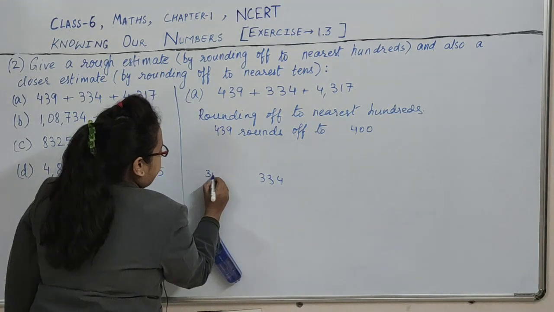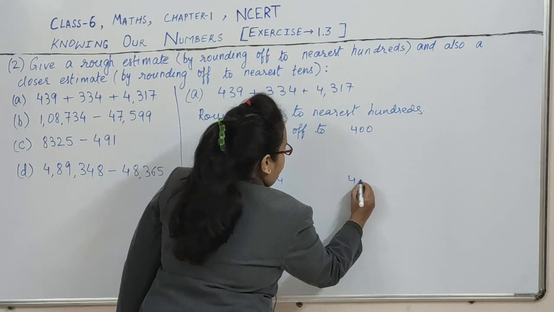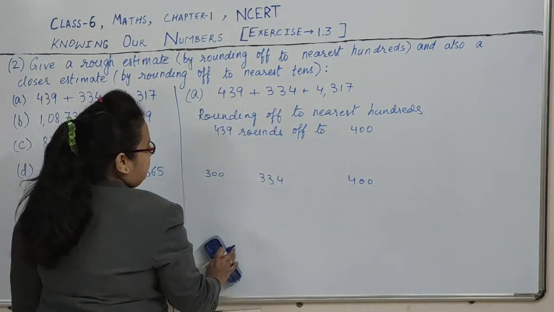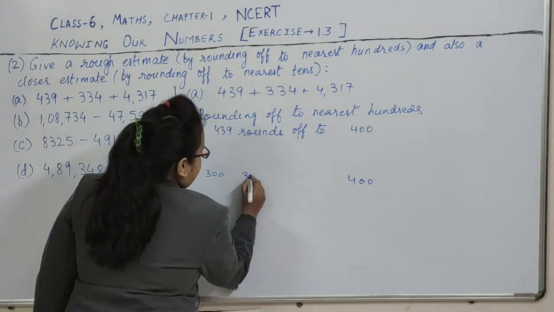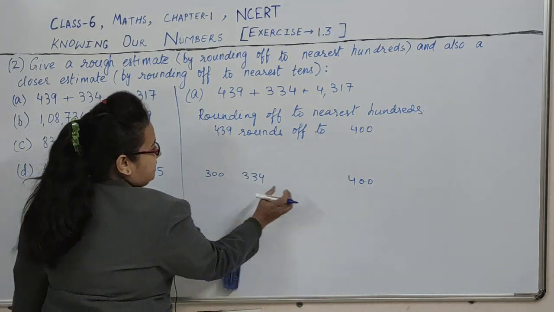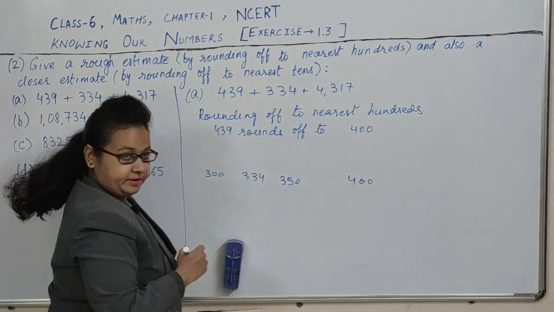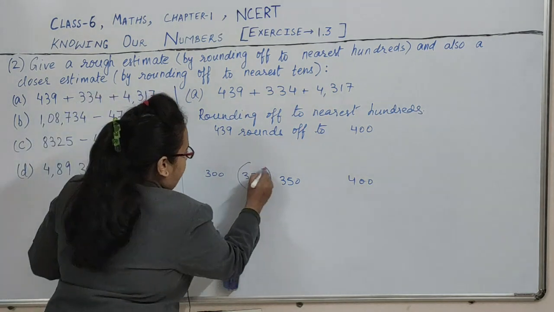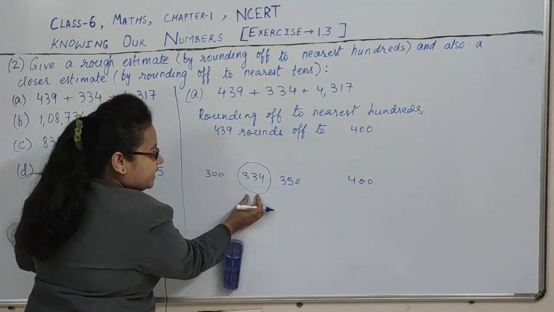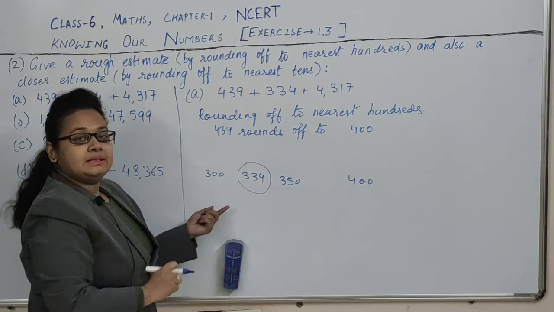Now 334. It lies between 300 and 400. And what is the middle number for 300 and 400? It is obviously 350. But this 334 is less than the middle number and it is closer to 300.